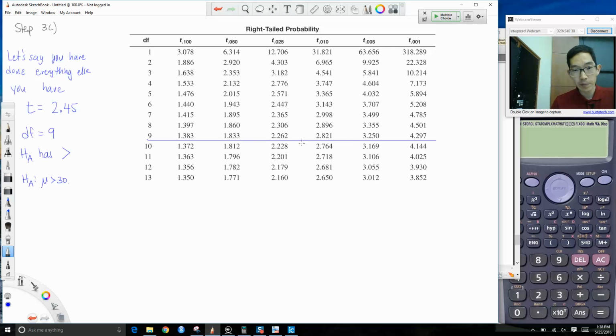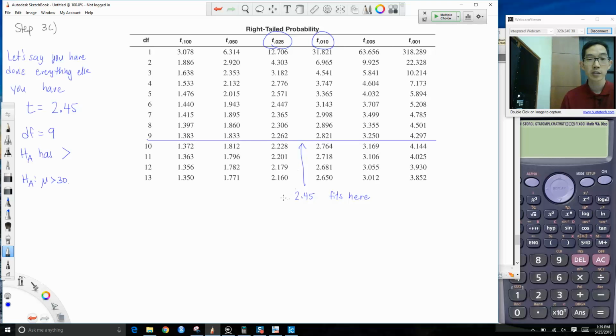We're going to say, okay, let's take a look. 2.45 fits between 2.262 and 2.821. Okay, 2.45 is in between these two numbers. Is that okay with everybody? And then you look at the top of your column, and we've got t right-tailed probability, and it says t.025 and t.010.